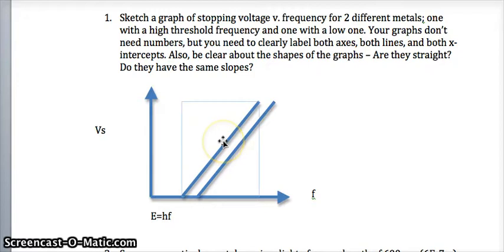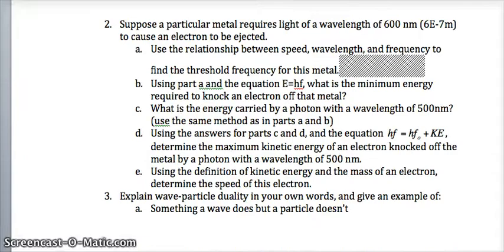So again, the one on the left has the low threshold frequency, easier to knock off electrons. And the one on the right has the higher threshold frequency, more difficult to knock off electrons.